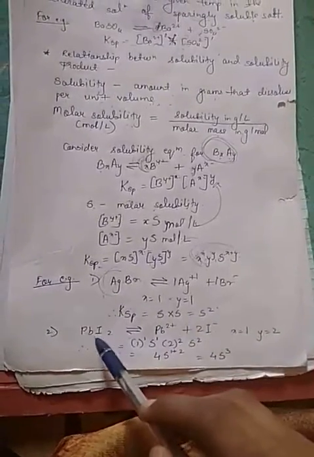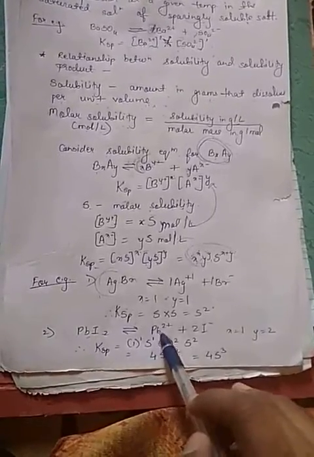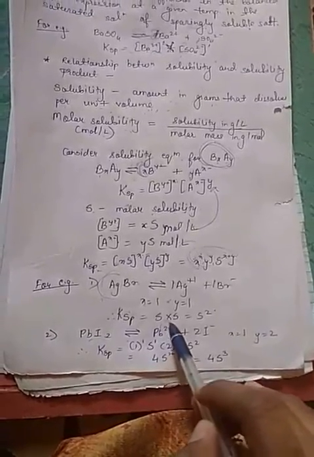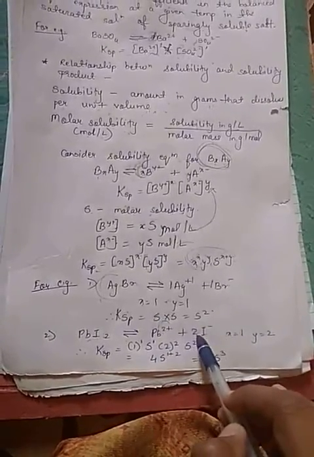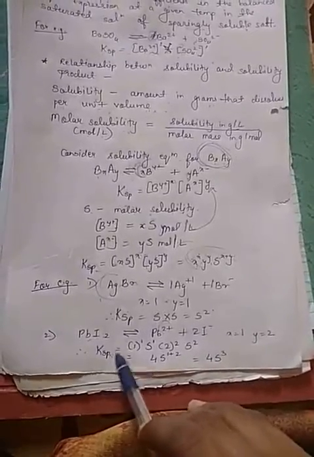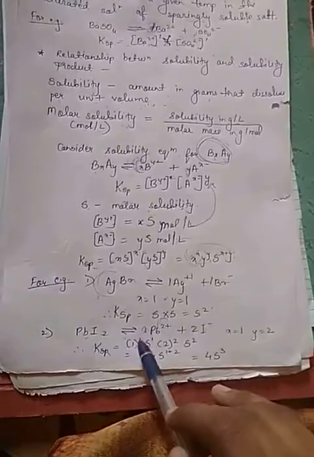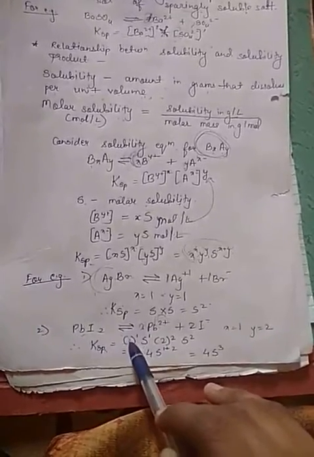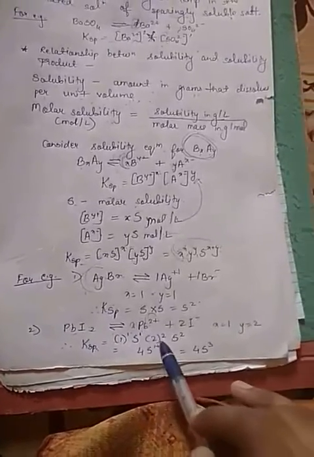If you take another salt like lead iodide, PbI2, it gives Pb2 plus and I minus. Now here the valency is 2 plus, and here the coefficient is 2 for I minus. So the solubility product comes out to be, what is X here? X is 1. So 1 raised to 1 into S raised to 1.